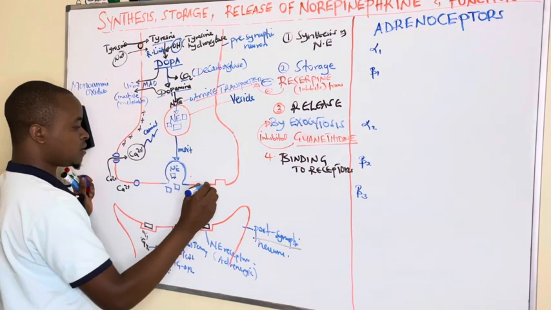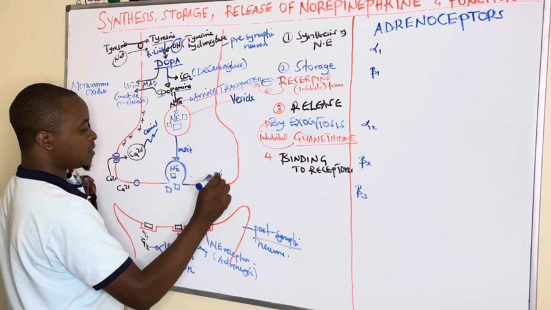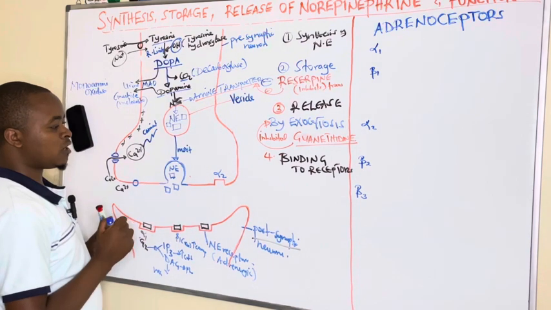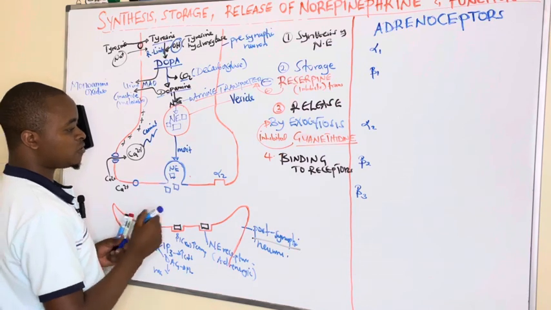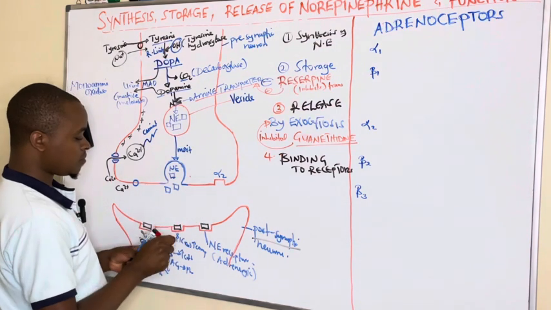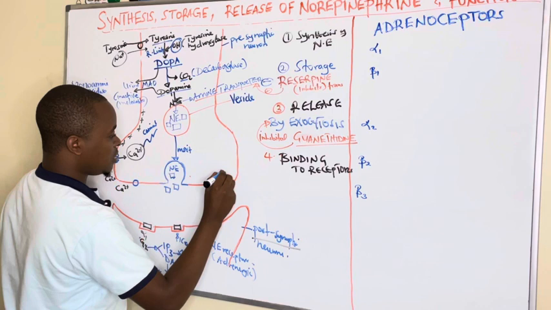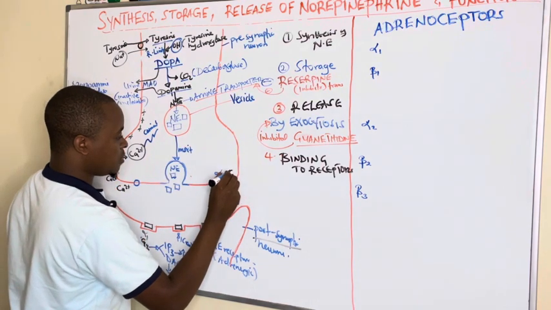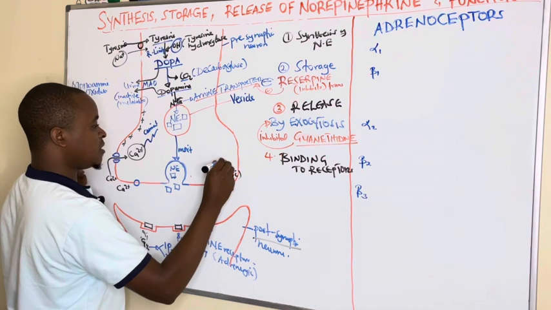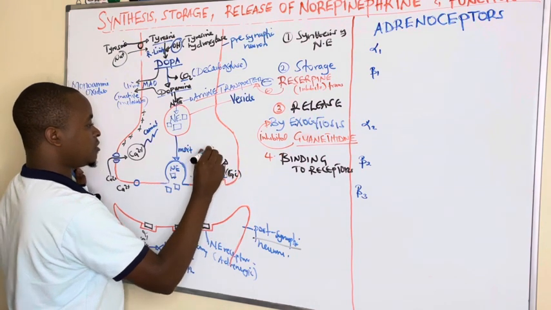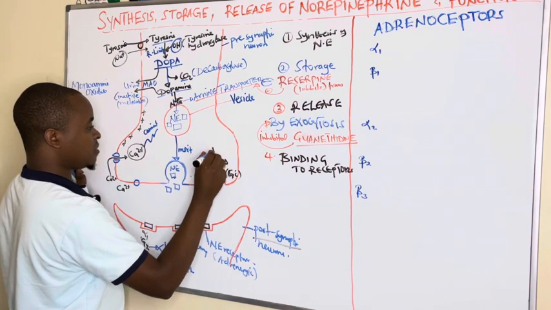If it binds to the receptor known as alpha 2, which is found in the presynaptic membrane, this one is a Gi, G inhibitory, G-coupled receptor, and it acts by decreasing cAMP levels.